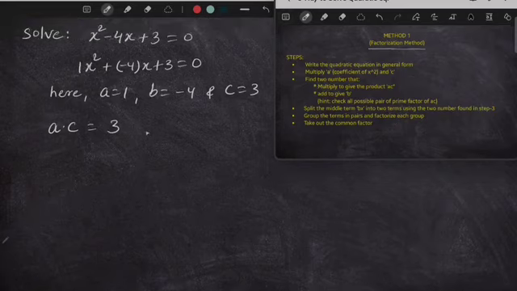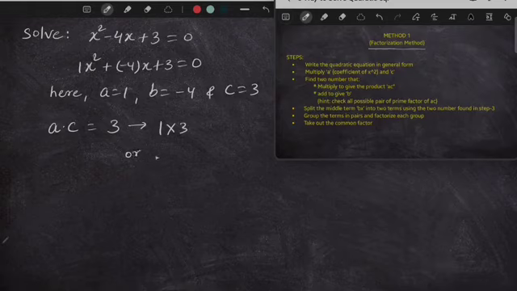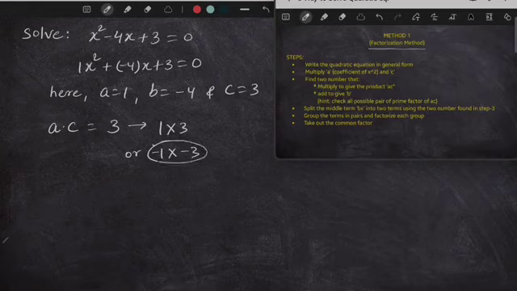So the factors of 3 are 1 into 3 or negative 1 into negative 3. This pair of numbers gives the sum B and the product AC.